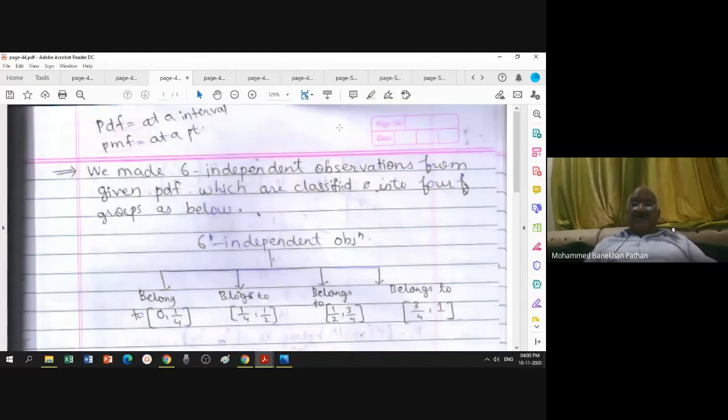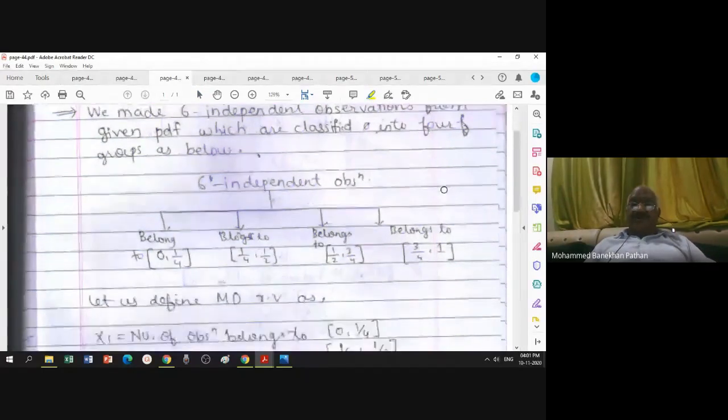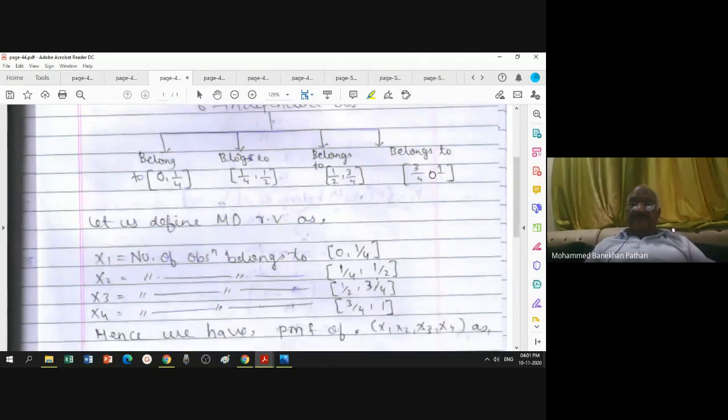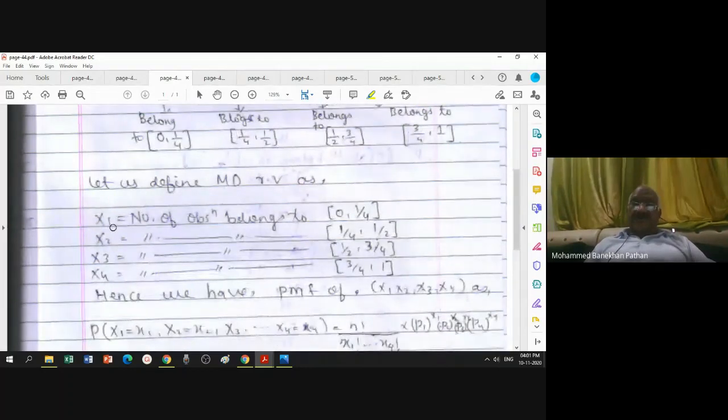We have 6 independent observations from the given PDF, which are classified into 4 groups: 0 to 1 by 4, 1 by 4 to half, half to 3 by 4, and 3 by 4 to 1. I will define 4 random variables because my range is divided into 4 parts. X1 is the number of observations belonging to the first interval, X2 the second, X3 the third, and X4 the fourth.